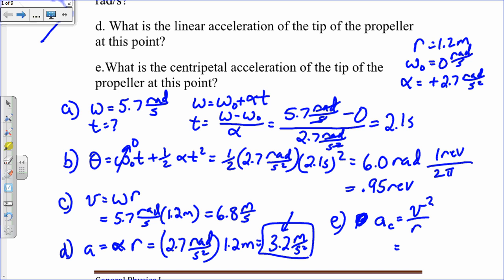That's going to be 6.8 squared divided by 1.2, which is equal to 39 meters per second squared. All right, these are all pretty basic, just really using the equations and knowing how to use them.